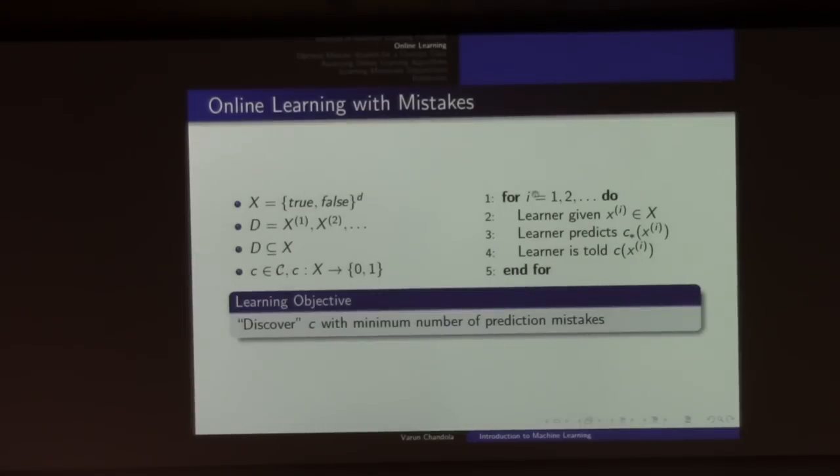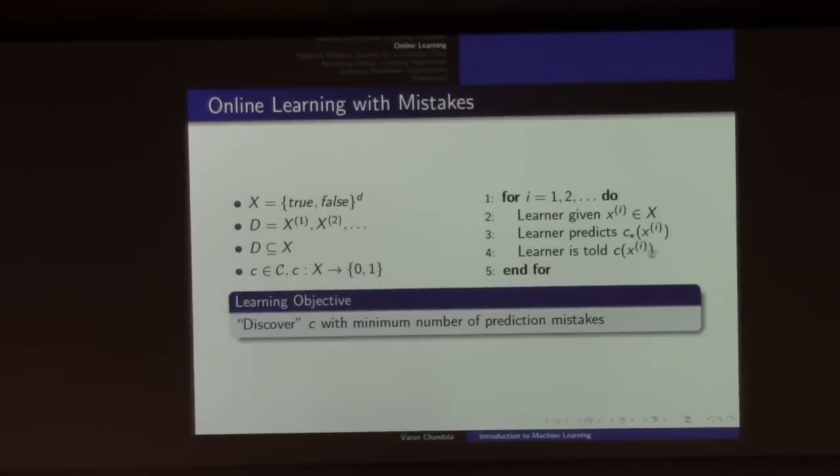And every time you get a training example, x superscript i, you first predict, okay? You first predict using whatever you have learned so far. That is your c*(x_i), which means this is your prediction right now, right? And then after that, you are told what c(x_i) really is. And then you adjust your algorithm and you go back.